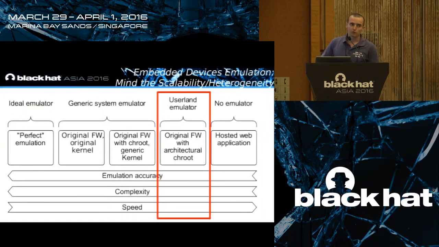Then there's also the possibility of userland emulation, or what is called the architectural chroot, where you take the original firmware, but you don't execute it in an emulator per se, but you use userland emulation.